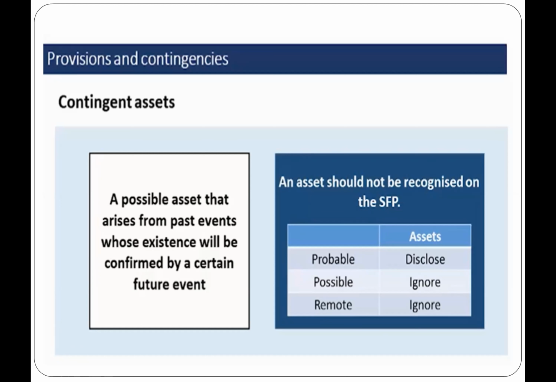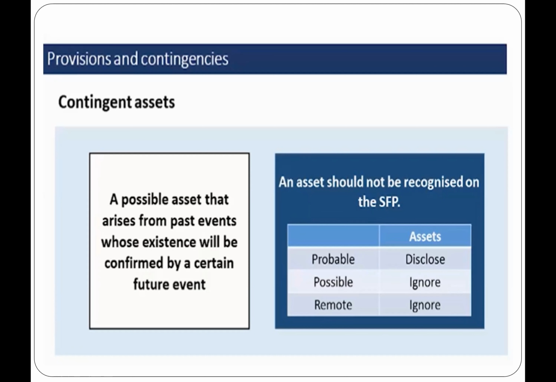It might be remote that the money is going to come, which means if it is possible or remote, you are not able to create a provision. In any case, if it is a contingent asset, there is no provision for an asset. What we can simply do is disclose or ignore it. If there is a more than 50% chance that you will be paid back your money, we simply disclose.